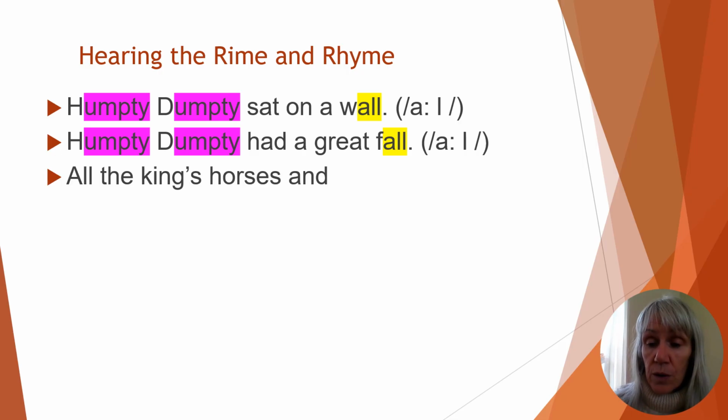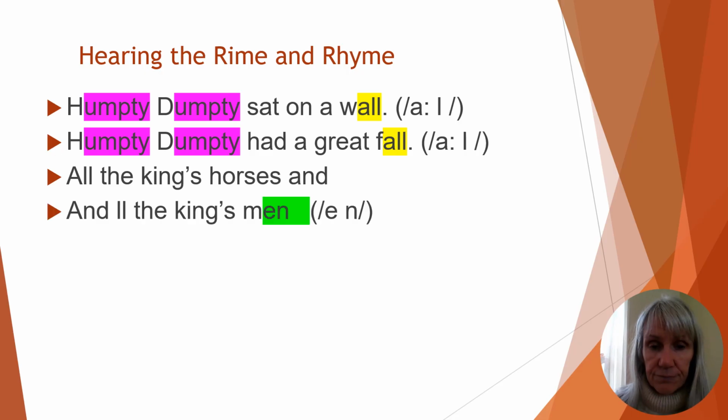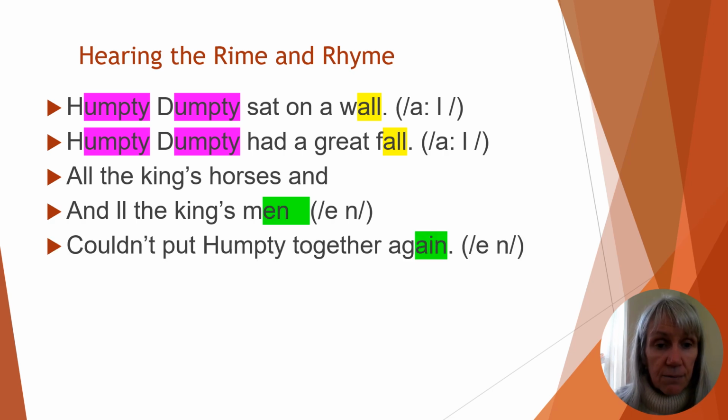All the king's horses and all the king's men. So we're seeing that the N at the end of men is highlighted because we know that sound is going to be repeated at the end of the next line. You see the phonetic notation beside it.